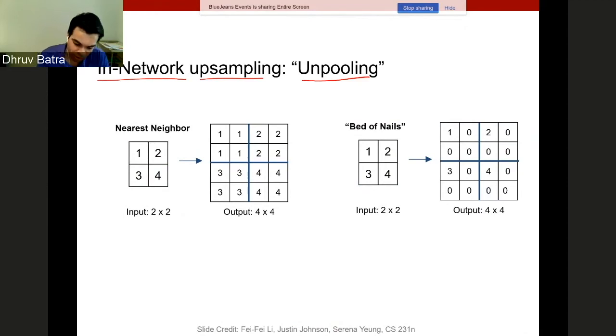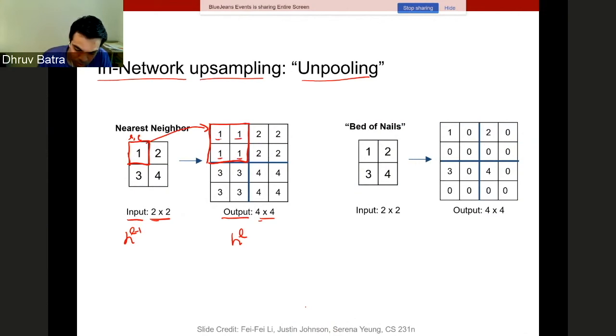So we can say that this is my input, which is a 2 by 2, and this is a nearest neighbor upsampling layer. So this is H_{L-1}, this is H_L, and I can say that I'm going to go from 2 by 2 to 4 by 4 by deciding that for every pixel here I'm just going to replicate that pixel 2 by 2 times.